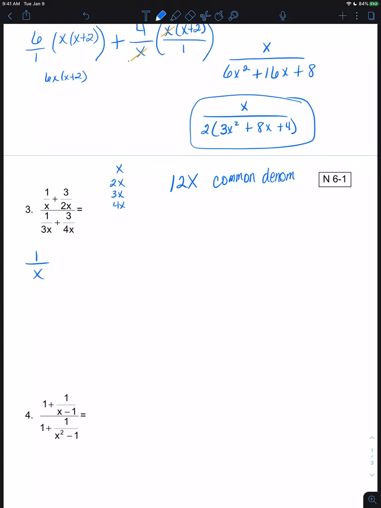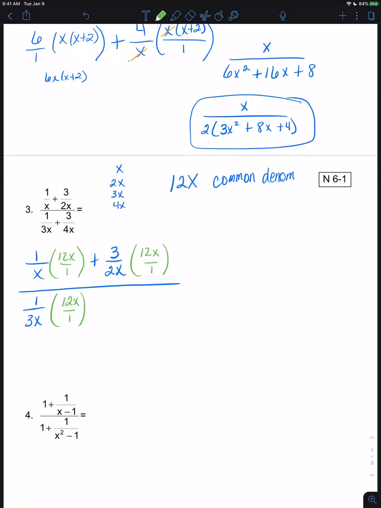So 1 over x times 12x plus 3 over 2x times that 12x, all over 1 over 3x times the 12x plus 3 over 4x times the 12x.